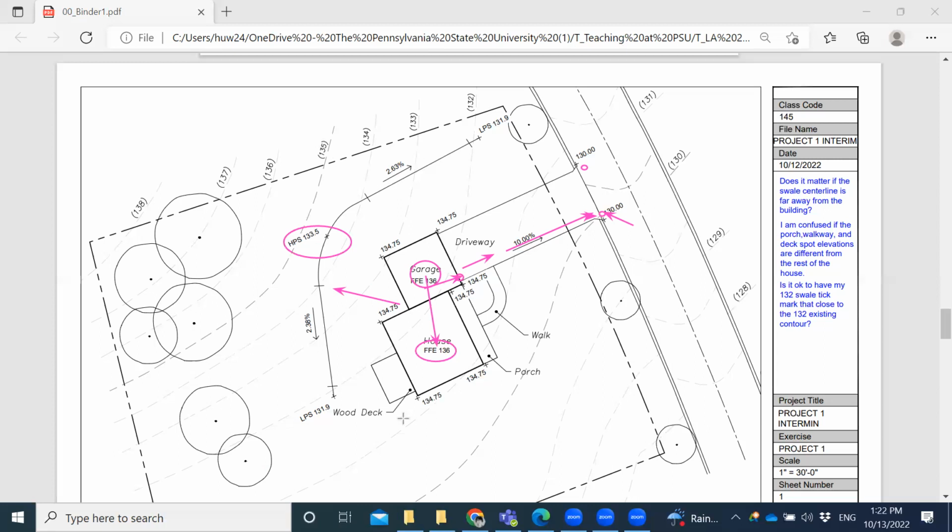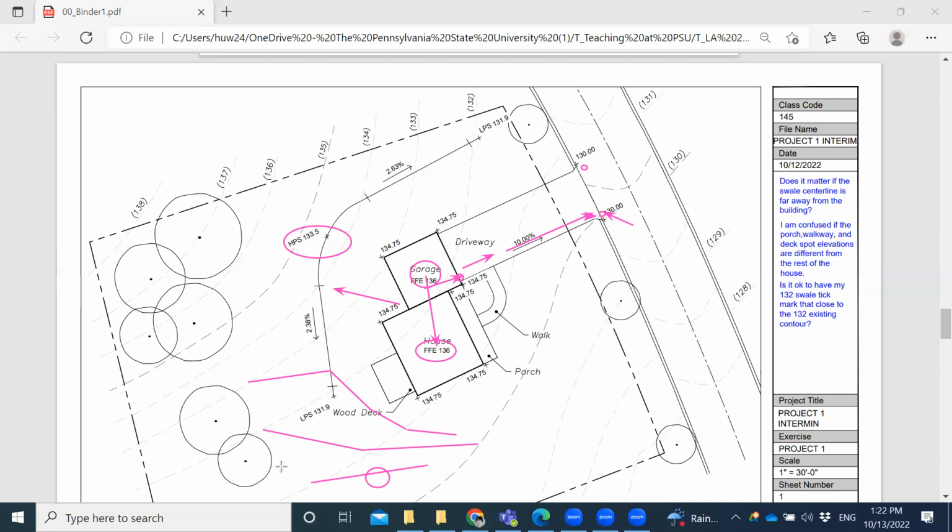And then I would suggest that you drag your LPS below a little bit, because otherwise your last contour of 132 would go something like this. And your 131 would still need to be moved, which means your LPS is not really where grading stopped, which would disqualify your LPS as the LPS, right?